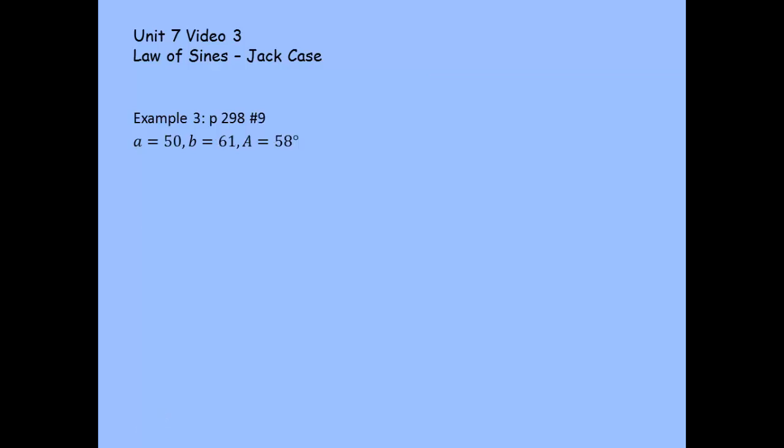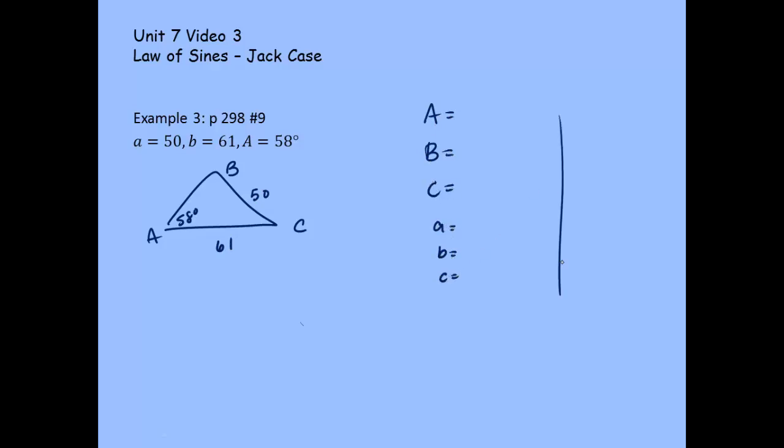Example 3 is page 298, number 9. For this one, I'm going to go ahead and draw a triangle again and label it. And I'm going to make out my information here on the side as if I'm preparing for two possible triangles.